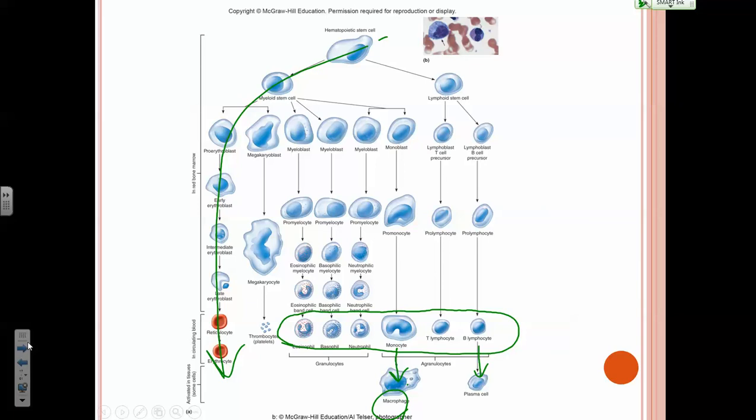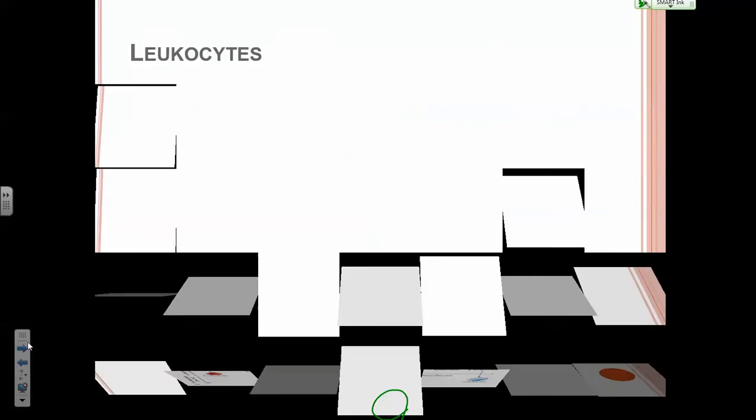And do you see that they're in two groups, granulocytes and agranulocytes? All together, they're called leukocytes. Leuko means no color. They don't have pigment in them. Now, when you look at them under the microscope, they can be very colorful, but that's just because of the stain that's put on them. In their natural state, they don't have a color.